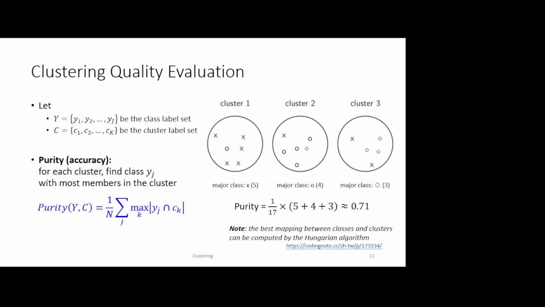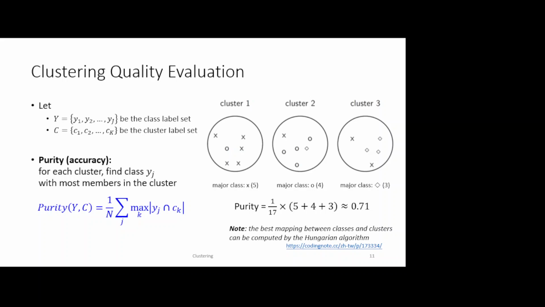So the major class will be the cross. There are 5 in cluster 1. In cluster 2, the major class will be the circle, and there are 4 circle points in cluster 2. And in cluster 3, we have the major class diamond. It contains 3.